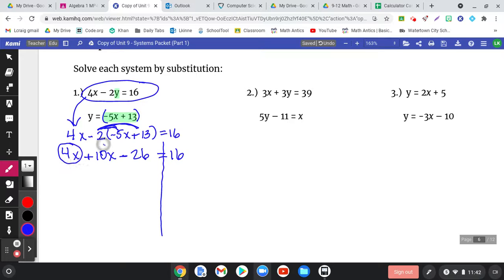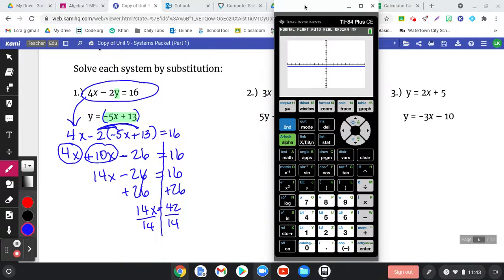I see a 4x plus 10x, 14x minus 26, equals 16. Add 26 to both sides. 14x equals 42. Divide by 14. And if you don't know it, it's 3, but if you're not sure, you have a calculator here to help you. So 42 divided by 14, 3.